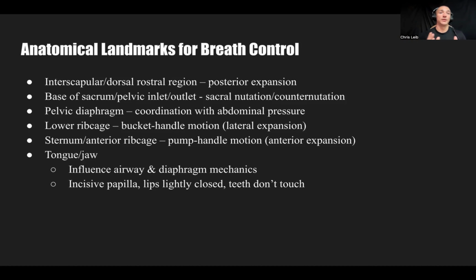In this case, the outlet actually closes down because the coccyx moves a little bit more forward and closes down, because we want it to close down as all that pressure is moving downward. So during a good expansive inhale, we have counternutation, the sacrum moves back, the outlet closes, the inlet opens, and then vice versa during the exhale, where we'll get more sacral nutation that opens the outlet a little bit more and closes the inlet a little bit more. So we have this rhythm going back and forth.